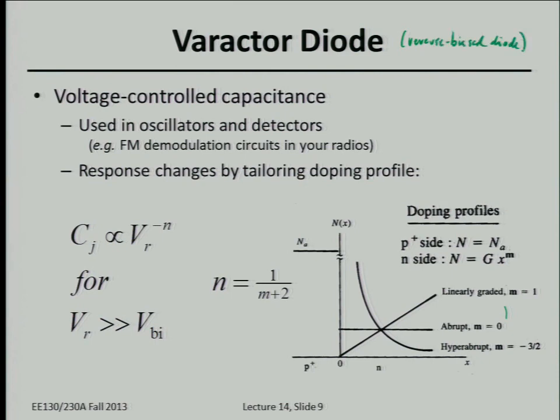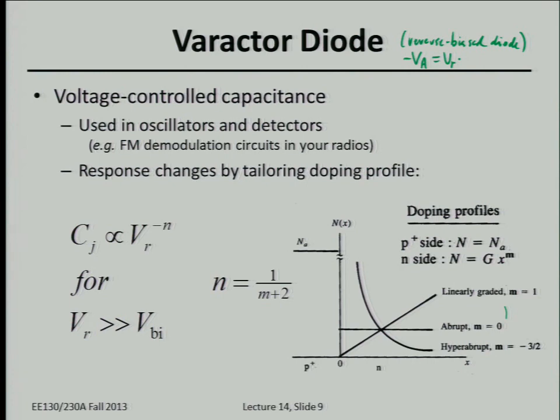Ideally, very little current flows. But we can pass an AC signal, a time-varying signal, across the diode, okay? And let's say there's going to be some bias, like minus VA, so minus VA equals the reverse bias VR in this slide.